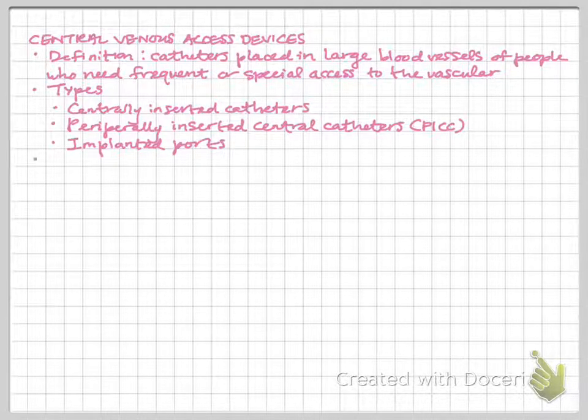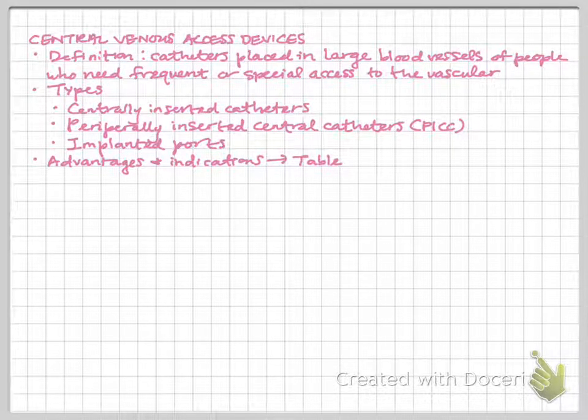In terms of the advantages and indications, table 16.19 gives you a list, so make sure you find that in the book that discusses the common indications for central venous access devices.